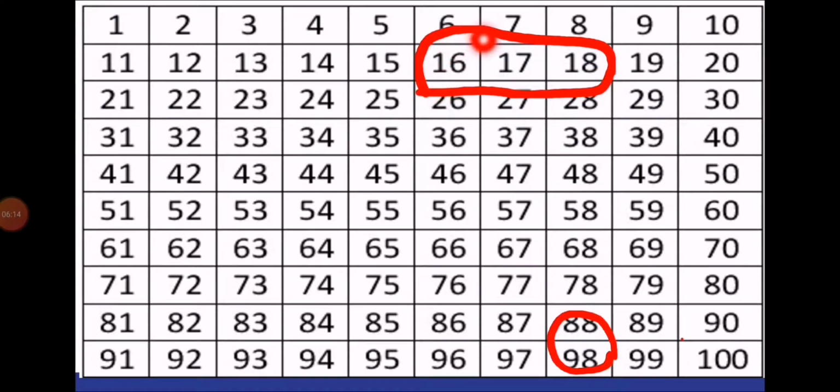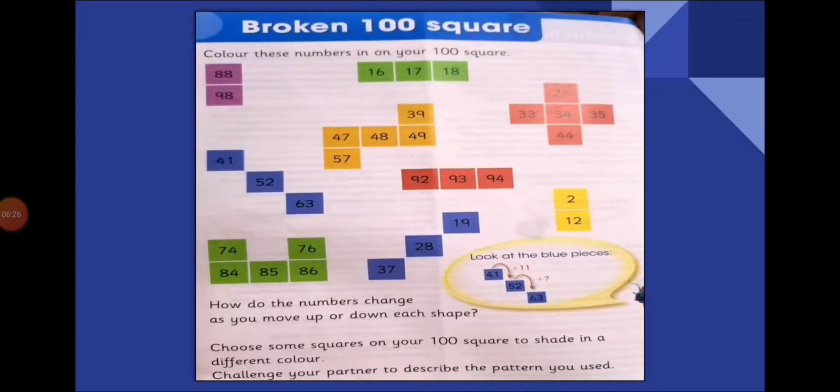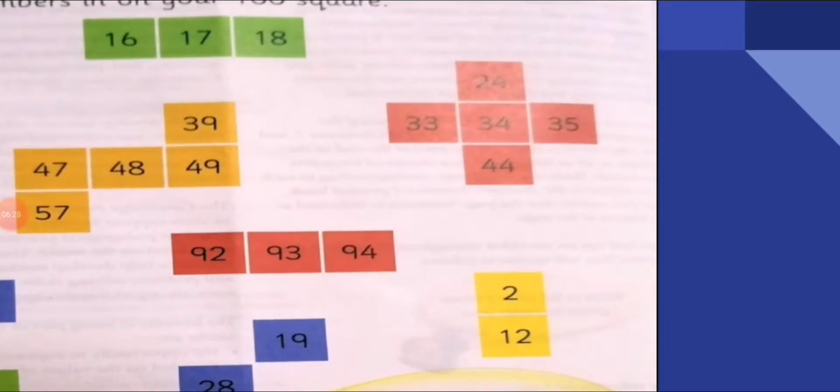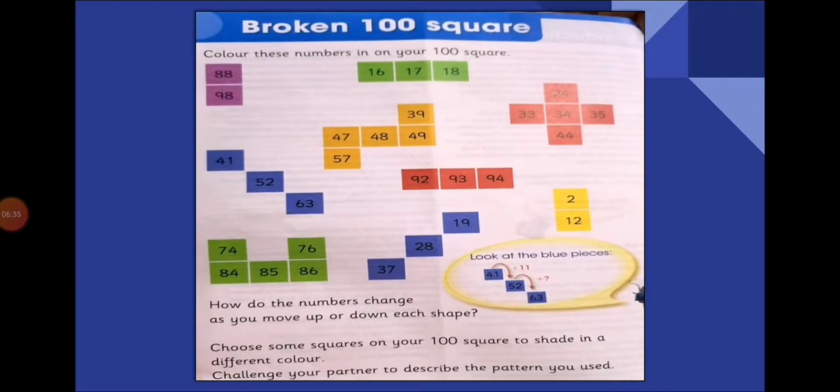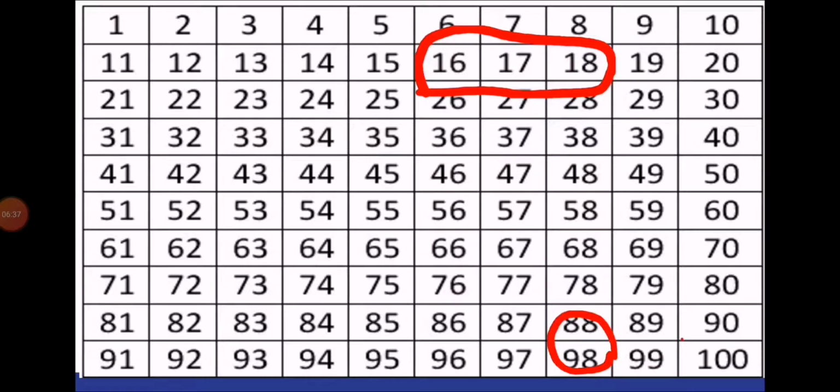It means the numbers are increasing by 1, or each number is adding 1: 16, 17 and 18. And we will color it green according to the book. Now the next one is 24, 34, 44, 33 here and 35 here. Let's find this pattern on the square grid.